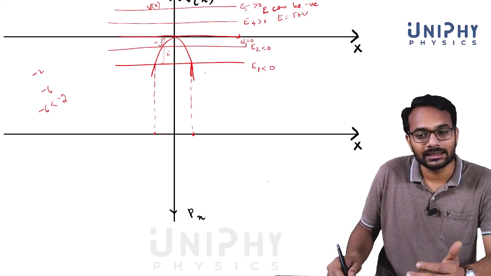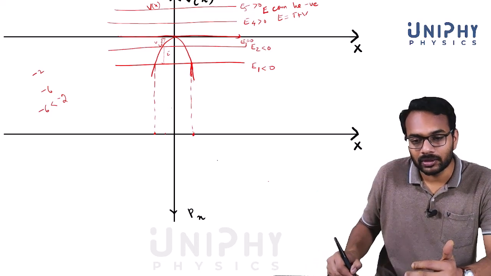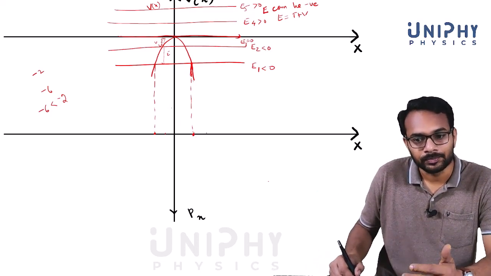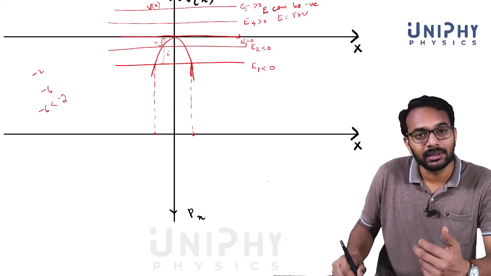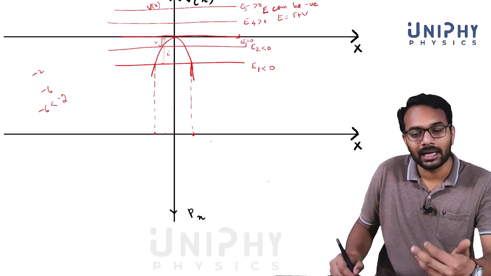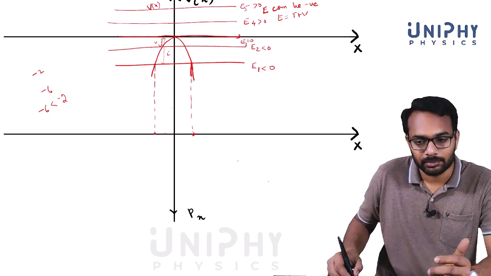There is less potential energy here and it keeps on increasing as it approaches x equal to 0. And at one point, it sees that the potential energy becomes as high as the energy of the particle itself. And at that point, the particle stops, the momentum becomes 0 and it turns around. That's hyperbola we are talking about.